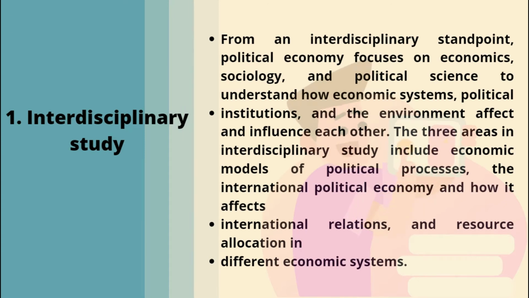So, the areas in interdisciplinary study include economic models of political processes, and the international political economy and how it affects international relations and resource allocation in different economic systems. So, in short, class, the interdisciplinary approach draws on sociology, economics, and political science to define how government institutions, an economic system, and a political environment affect and influence each other.